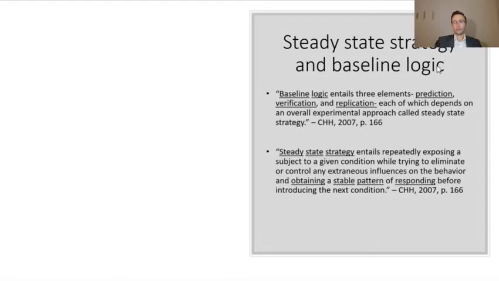the problem with that is it's difficult to make good predictions and to verify those predictions and then to replicate changes in the dependent variable that previously were predicted and verified. That is, in order to demonstrate a functional relation between behavior and environment, in most types of single subject experimental designs, you need a steady, stable pattern of responding in one condition before introducing the independent variable or making a change in the independent variable in the next condition.